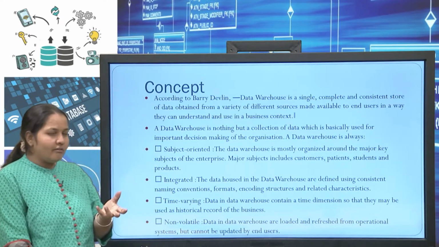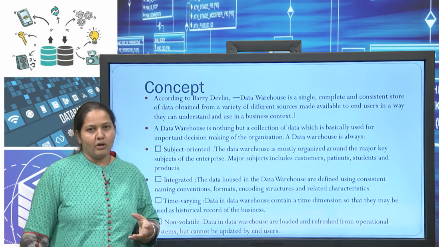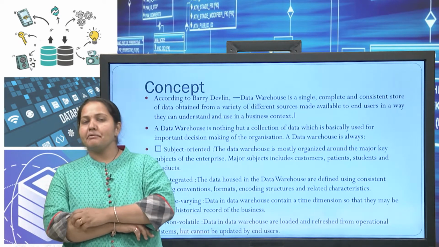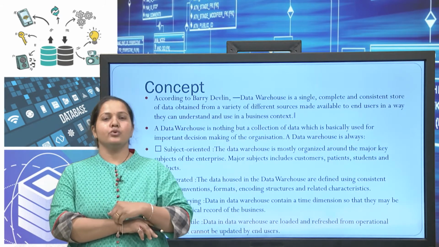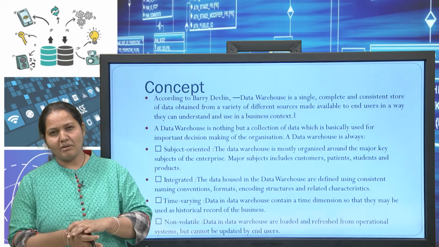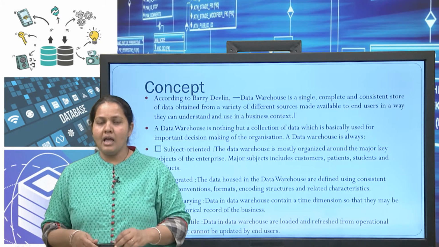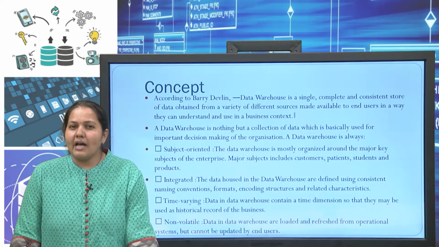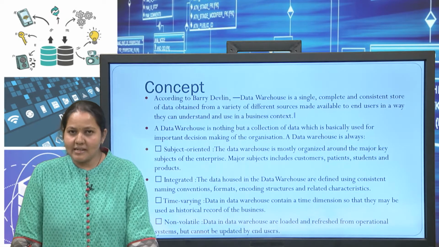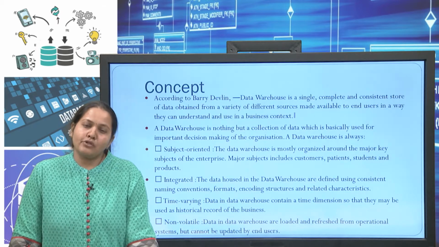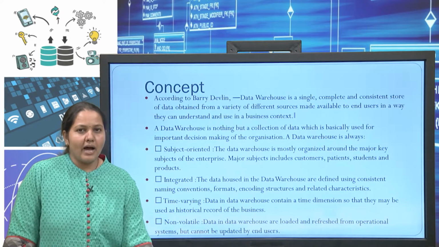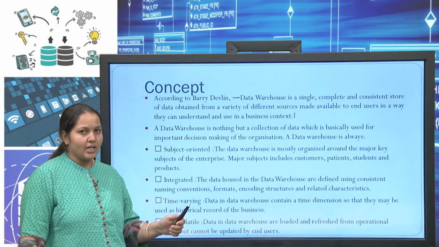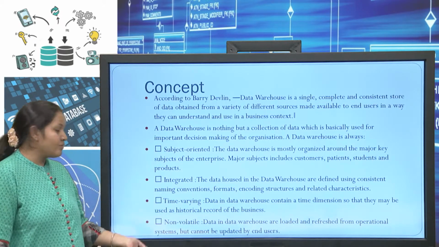So, timing information is always sure, and whenever you refer to a warehouse, it will store a large amount of data, that means heterogeneous and historical data. Your data vary in length and amount, so it requires saving your data with timing information, that is time varying.